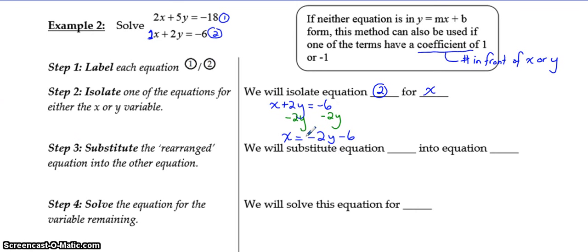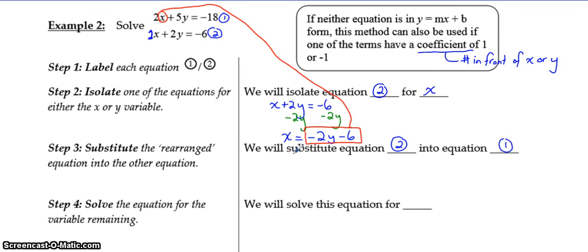Now what we're going to do is take this and substitute it in the x in the other equation. So take this expression that's equal to x and substitute it into the x of the other equation. So we're going to substitute equation 2 into equation 1.